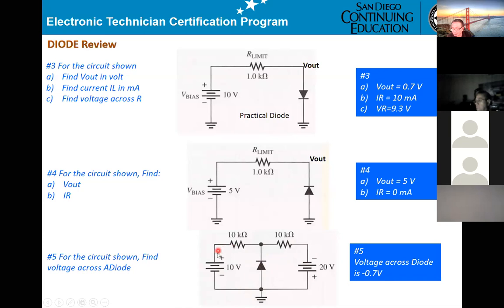So basically, you combine: negative means the diode will be on, and you get positive on this side, negative on the other side for 0.7. So that's why you get minus 0.7.